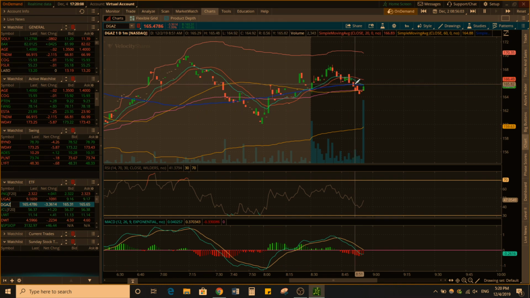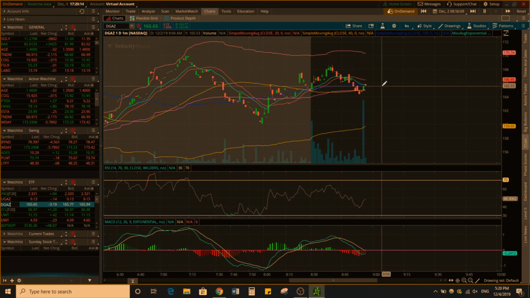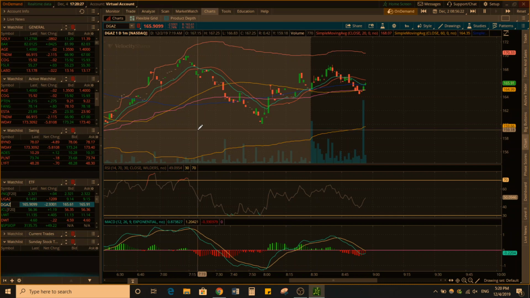And if it can establish a support there, if it can bounce back, then I'll definitely buy some more. But I want to be a little bit more cautious than I was with the first one because this is going to be the rest of my money. This is going to be the other 3 shares that I'm going to buy, a $1,000 position. And I want to be a little bit more cautious with this.